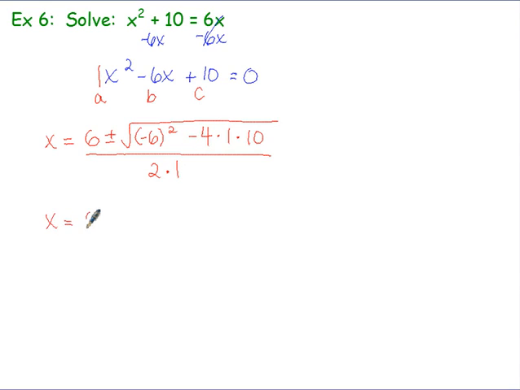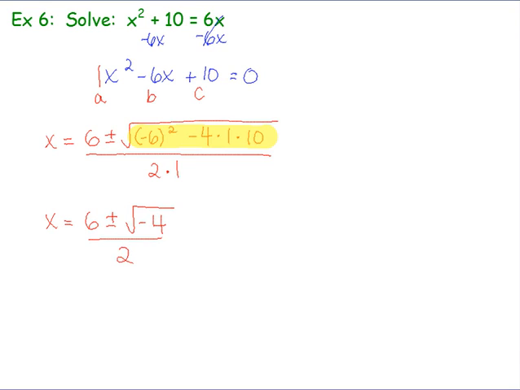Then you should have kept the 6 and the plus or minus and the square root. You should have typed all of that in your calculator, and you would have gotten negative 4, and the denominator, 2 times 1, is 2.